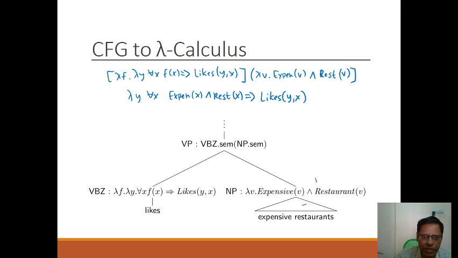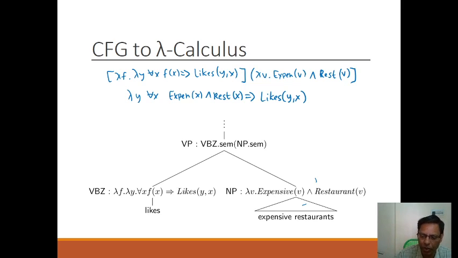Okay, here it is also how this context free grammar is related to the lambda calculus. So the verb phrase is about the verb phrase instead of the noun phrase. Here we can see for all x, likes and expensive restaurants, expensive and restaurants.